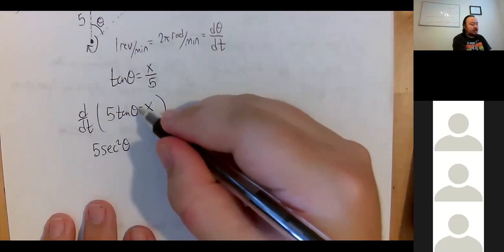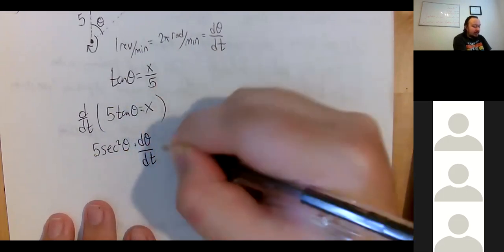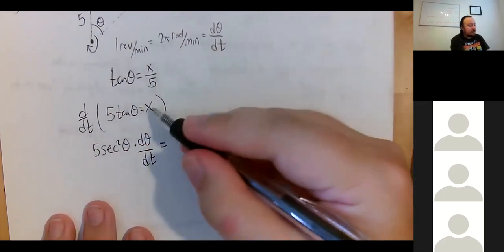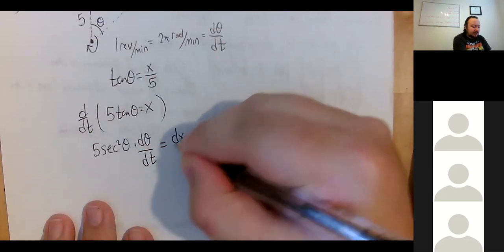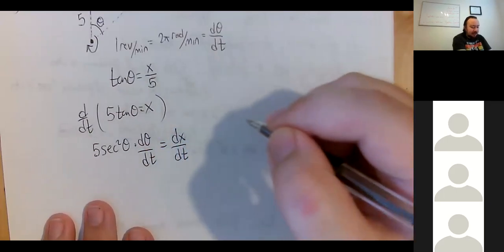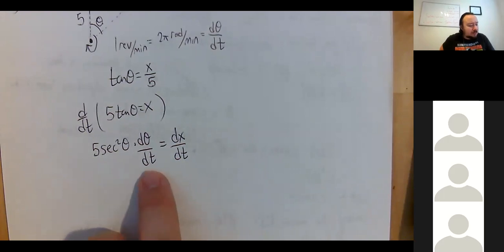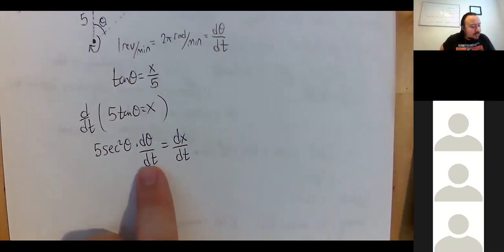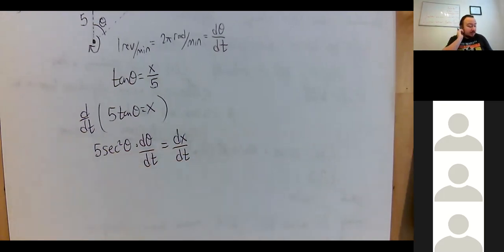And then we did a derivative with theta in it, so we need to multiply by d theta/dt. And then over here, all we have is x, and we're doing the t derivative of that, so we have dx/dt. All right, so we don't need to do any more algebra here, at least to solve for dx/dt. All we need to do is plug in d theta/dt and secant squared of theta, and then we're good to go on what dx/dt is.